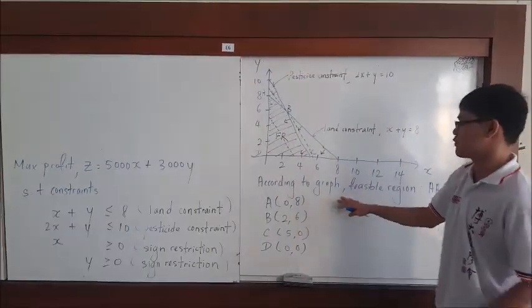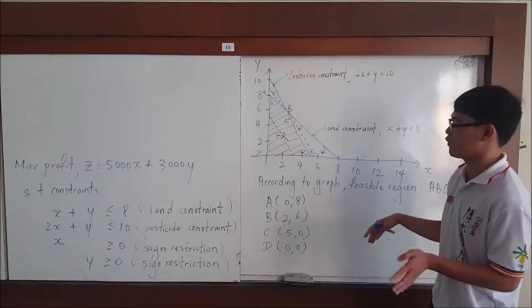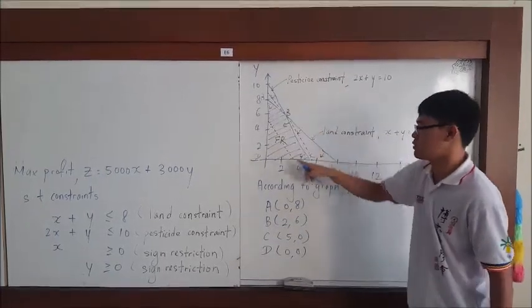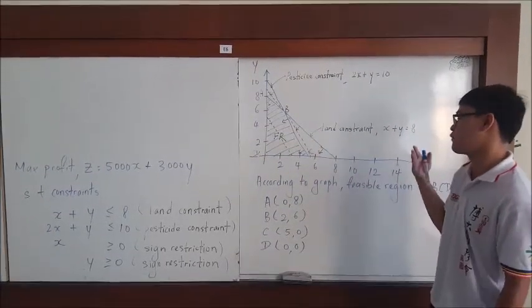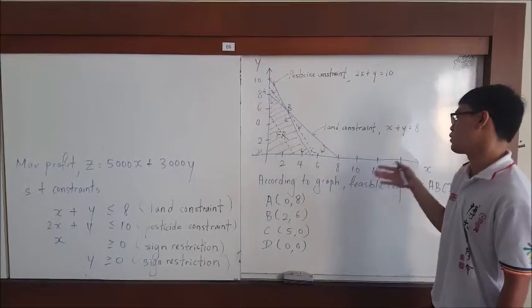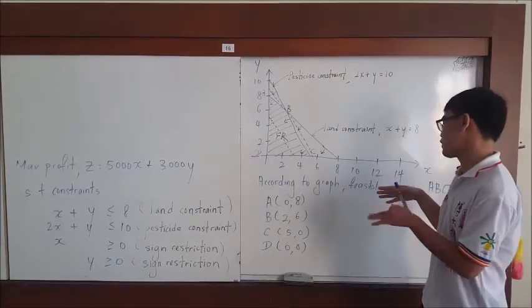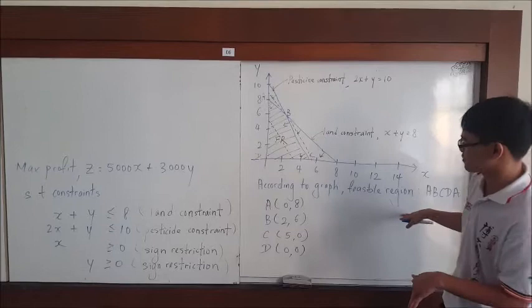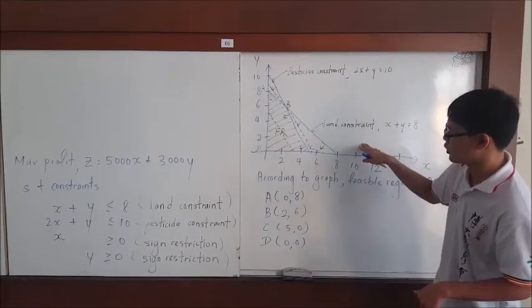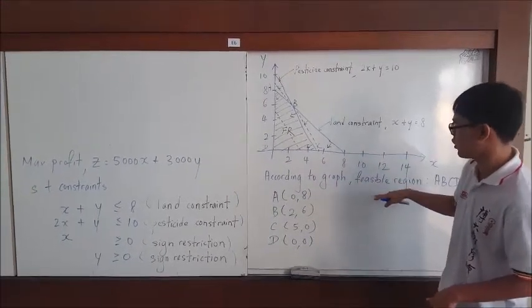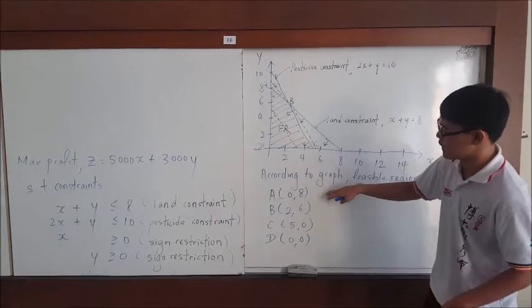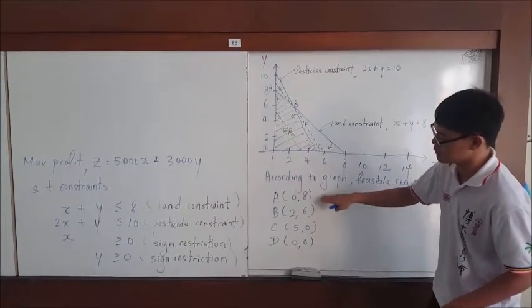After that, we need to find out the coordinates of these points, so that we can fully know the position of the feasible region. From the graph, I can know the coordinates of the points, and I already listed the coordinates of the points.